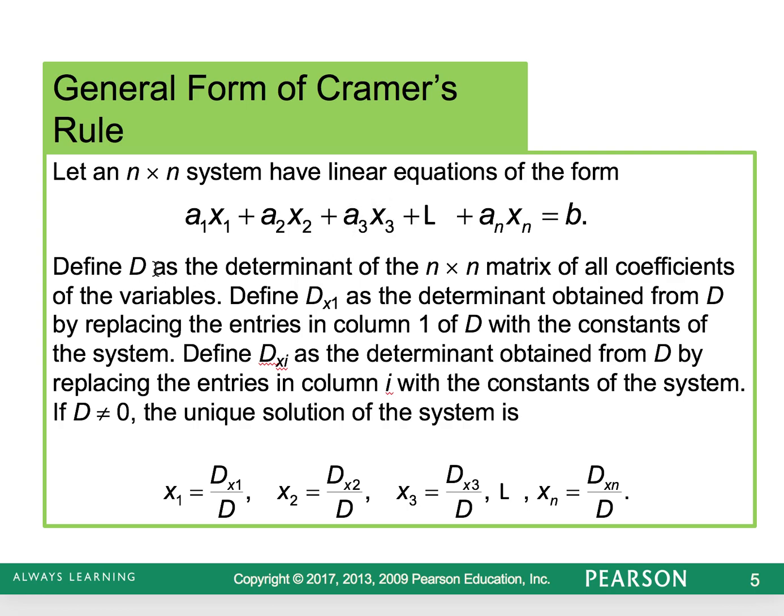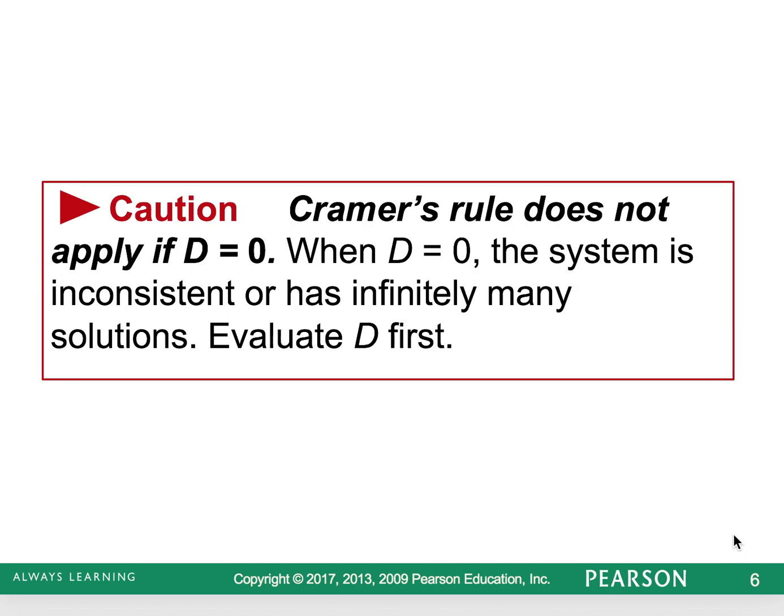It might be better to just go do it and explain as we go along. But basically, I'm going to find a determinant, and then I'm going to find a D sub x, a D sub y, a D sub z. Let's just go along, and it's easier to explain that way. Now caution, be careful. Cramer's rule does not apply if your very first determinant is 0.